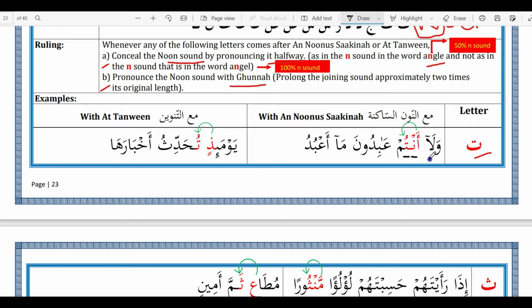So rather than saying an, we say ang. Okay? We say antum, and not antum. After saying antum, we have to stretch this joining sound, alif and noon, 2 times its original length. So we say antum.